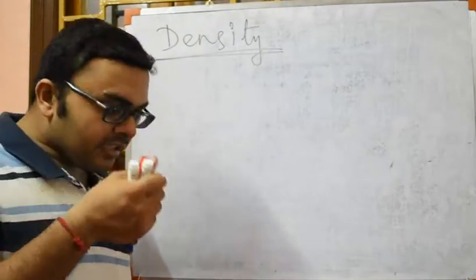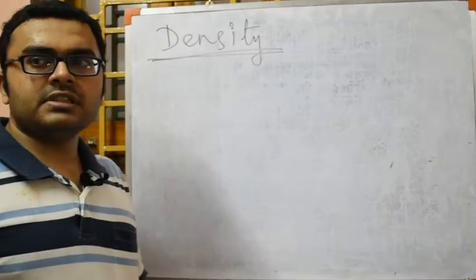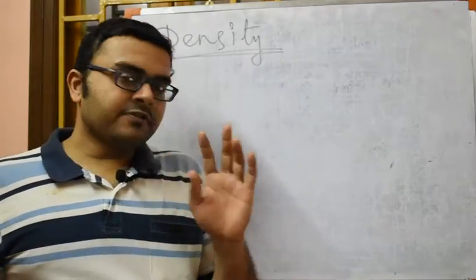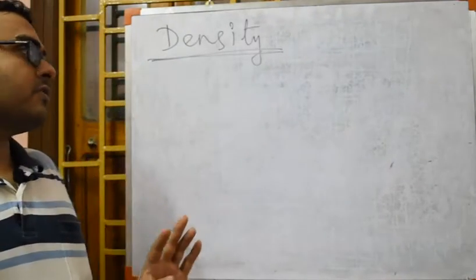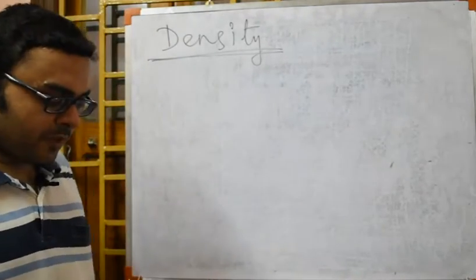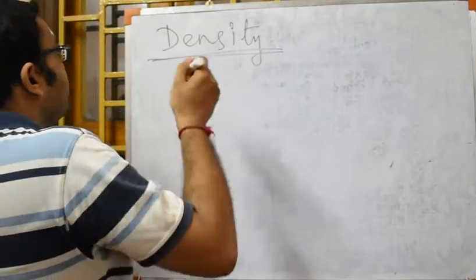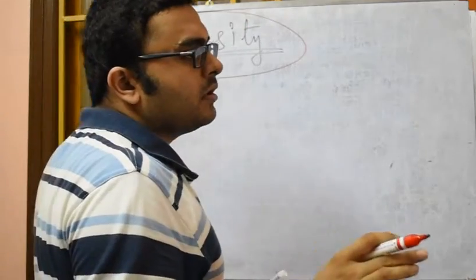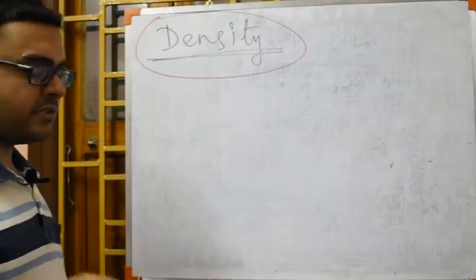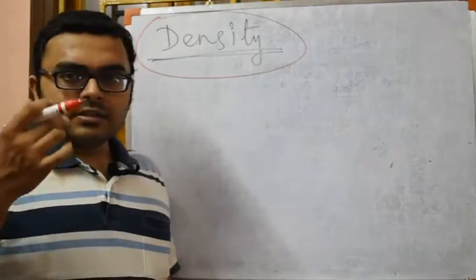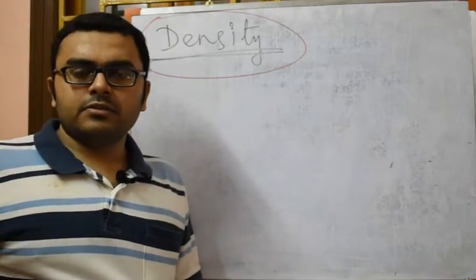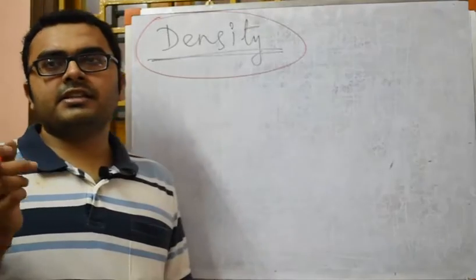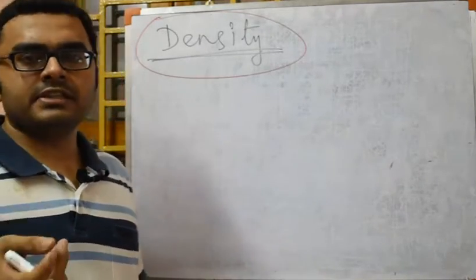Likewise, substances which are made up of the same material have different masses and different volumes. But if I consider this property, density, you will see that it is the same for the same material. The iron that makes up the nail will have the same density as the iron that makes up a cube or the iron that makes up a ship.